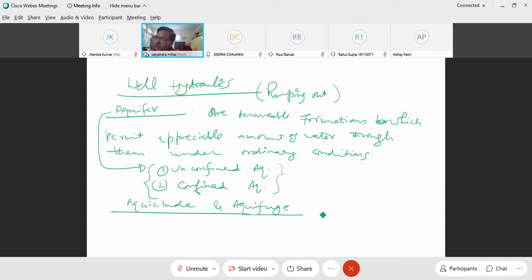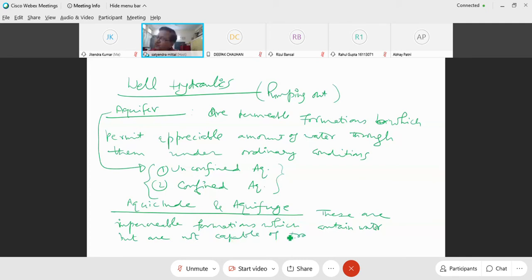These are impermeable formations which contain water but are not capable of transmitting a significant quantity of water.